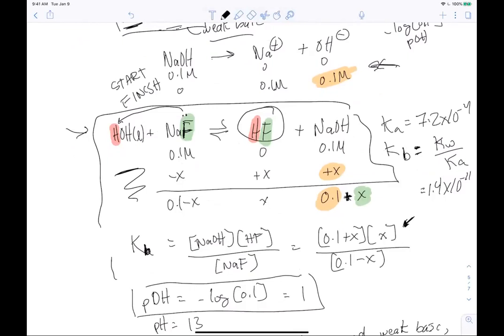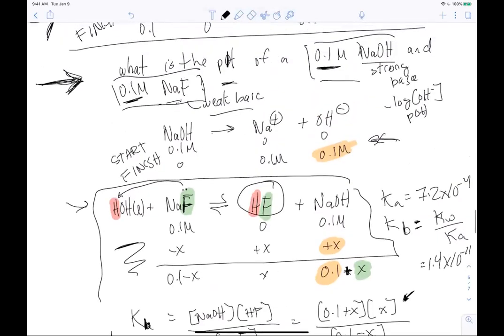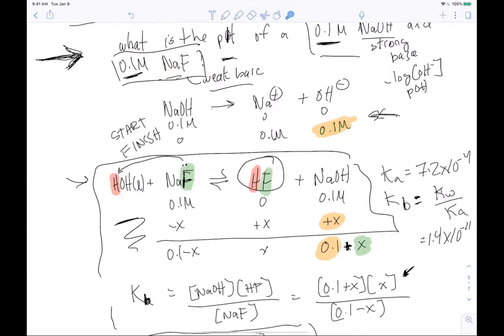I was just saying that if you wanted to consider the contributions of both species, that's how you would do it. You would say, well, I've got sodium hydroxide with its contribution to pH, and I've got sodium fluoride with its contribution to pH. So I start out with this much sodium hydroxide, that's its contribution to the pH, and then I could calculate the contribution of sodium fluoride to the pH. But this part down here is superfluous. You don't have to do this, but this is how you would do it if you did.